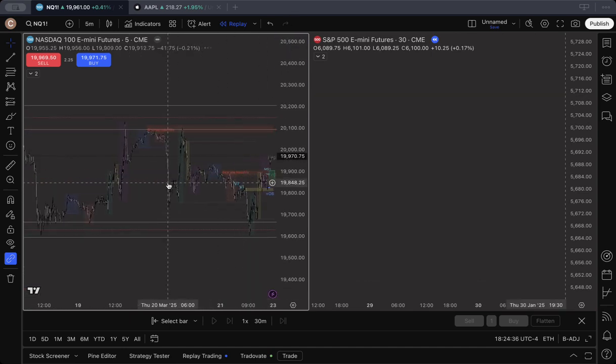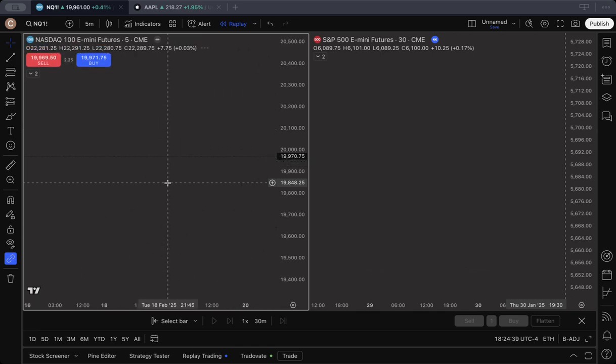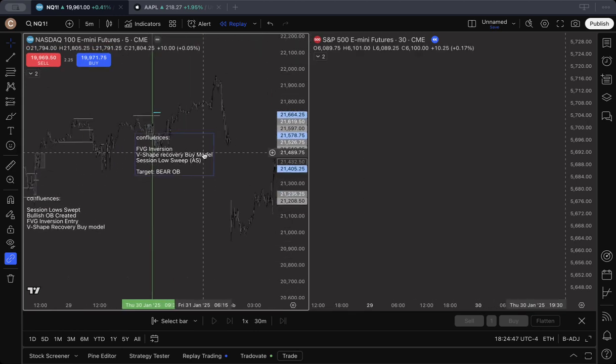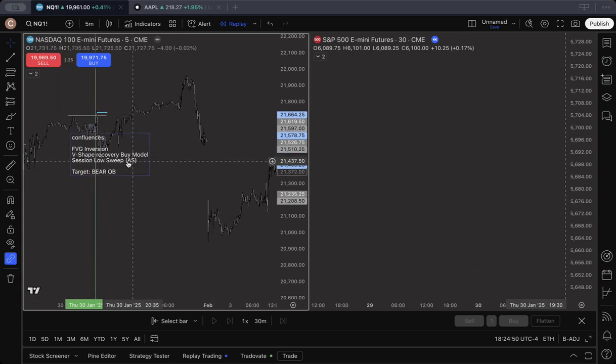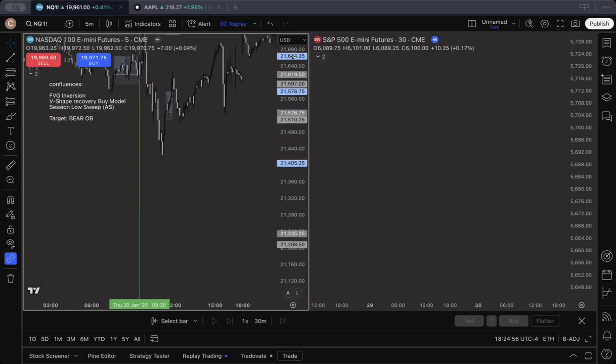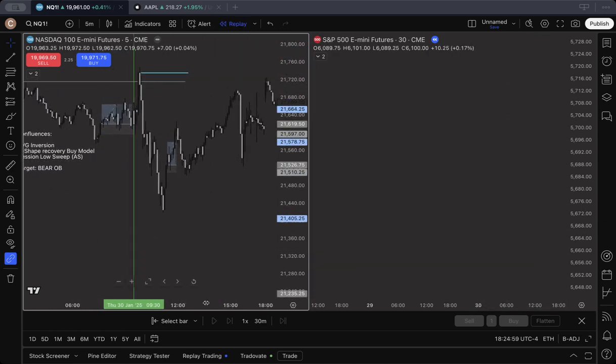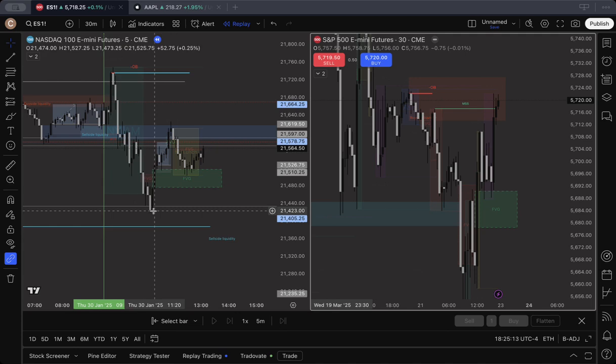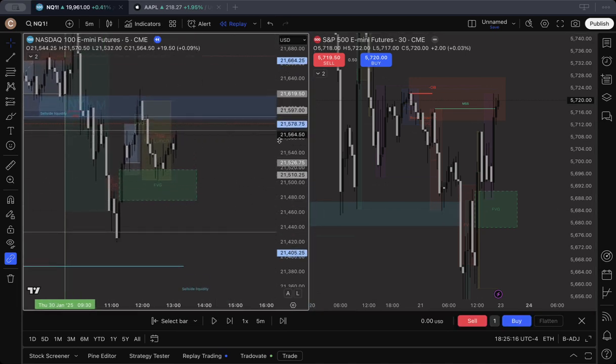Oh, what the heck? I guess my chart just did not want to do that. That actually bothers me so much. Okay, I guess it's just not gonna let me. I need to fix that. But again, going back to here.